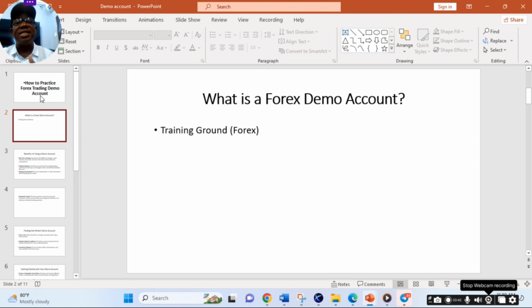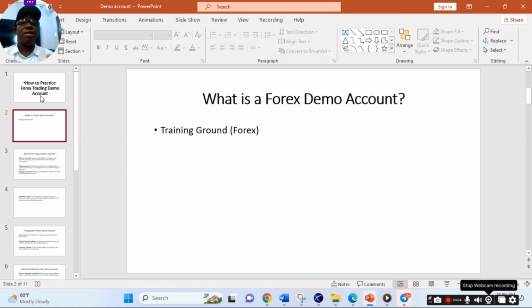It is a risk-free trading account because you have nothing to lose. The money in that account is called virtual money, paper money, or fake money because you cannot withdraw it. It is meant for you to practice. So it is a training ground.